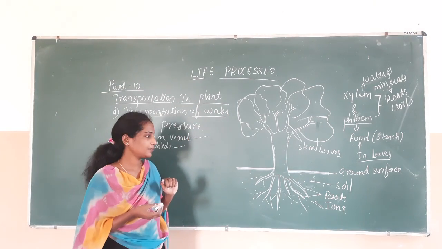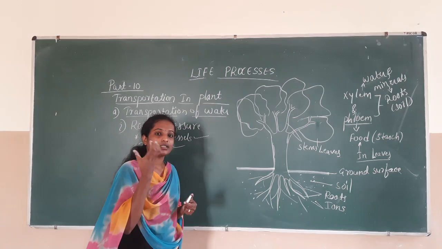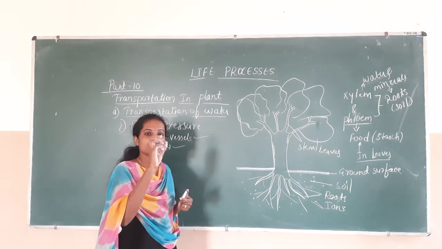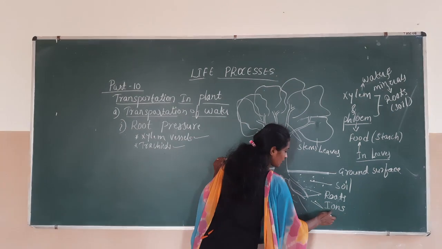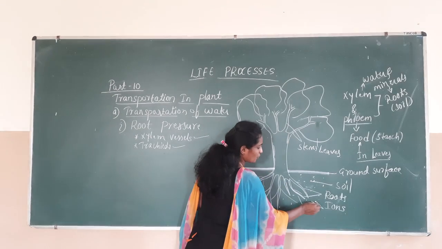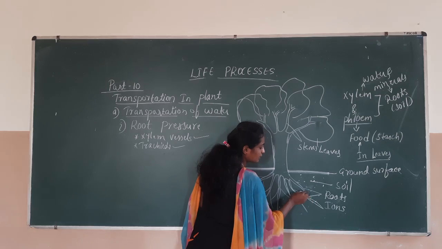Plants also take up other raw materials apart from water and minerals, such as phosphorus and nitrogen. In the minerals, ions like different elements are absorbed by the roots.